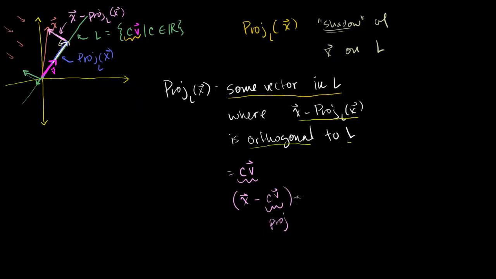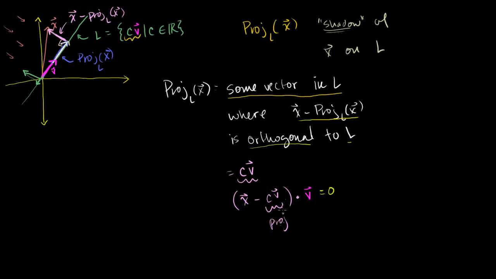So let's dot it with some vector in L. Well, we can dot it with this vector v. That's what we use to define L. So let's dot it with v. And we know that that must be equal to 0.